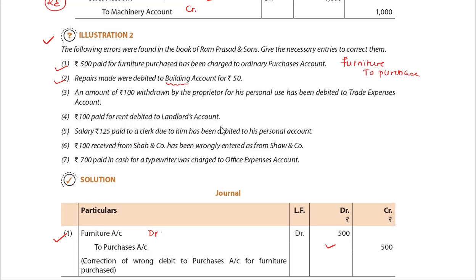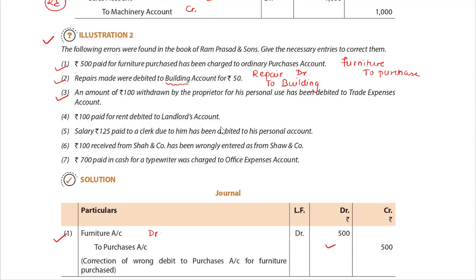So we should debit repair, but by mistake we have debited building, so we need to credit building now. Repairs will be debited and building will be credited. I think it is clear.